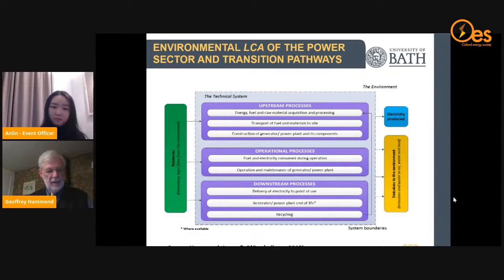And if you have, for example, a gas-fired power station, you'll get quite a lot of leakages in gas from the pipeline, from the gas source to the power station. And you need to incorporate that loss of carbon dioxide to the atmosphere if you're going to get a true view of what the real emissions impact is of any given technology or any given pathway. Next slide, please.